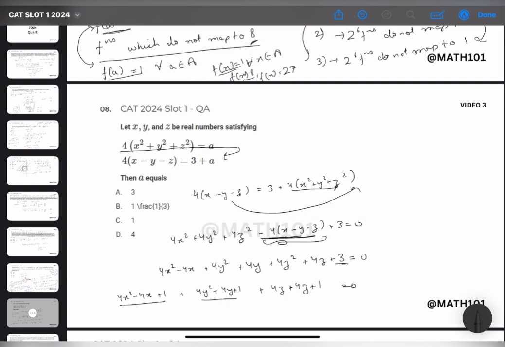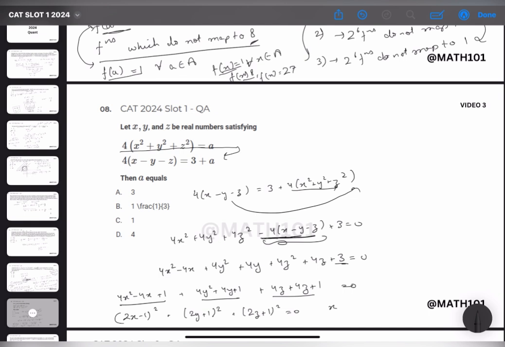Notice that all these terms are perfect squares. So 2x minus 1 squared plus 2y plus 1 squared plus 2z plus 1 squared equals to 0. So this sum is 0 and all of these are real numbers.